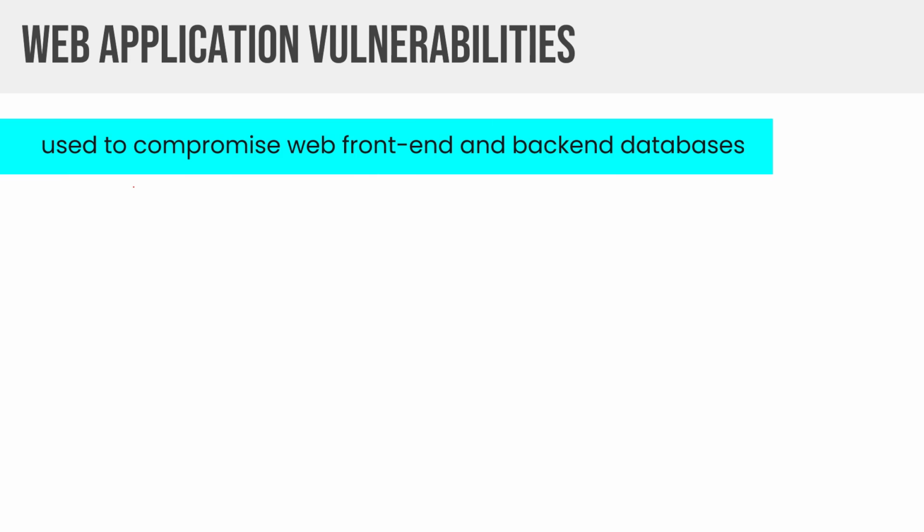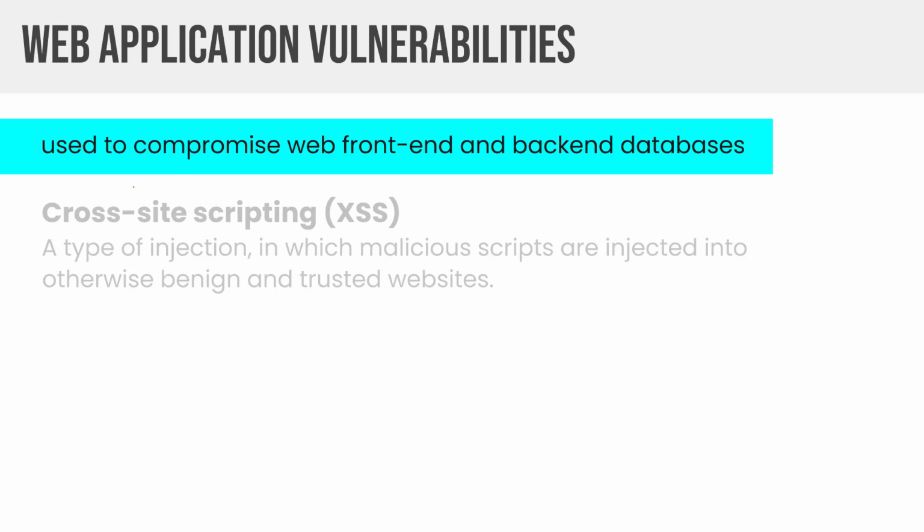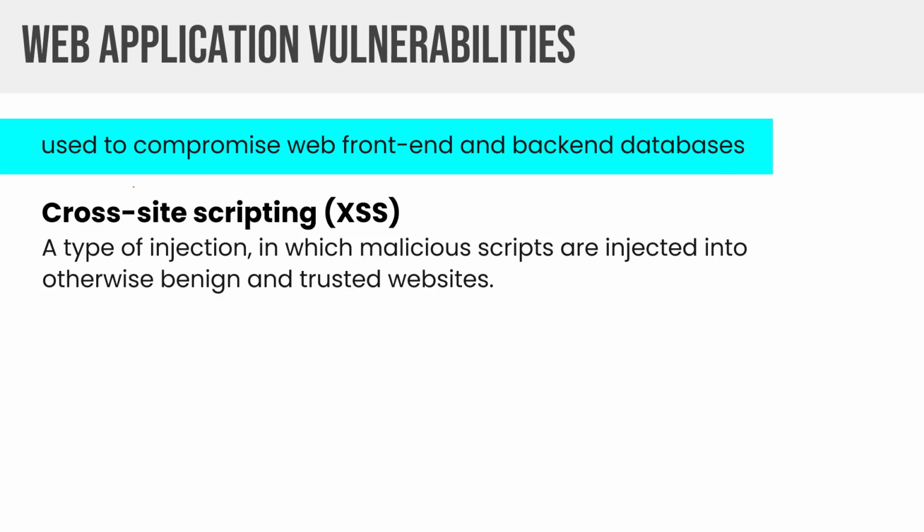There are two very common web app vulnerabilities you want to be aware of, and you'll find that there are vulnerabilities that compromise front-end web interfaces or web systems and back-end databases, and sometimes they're using the front end to compromise or access the back end. So there is cross-site scripting, which is a type of injection attack in which malicious scripts are injected into otherwise benign and trusted websites.